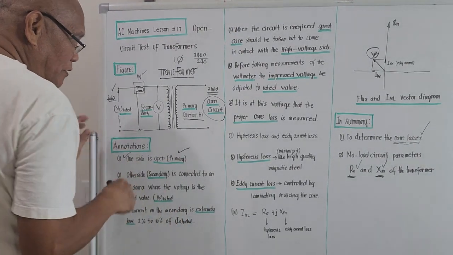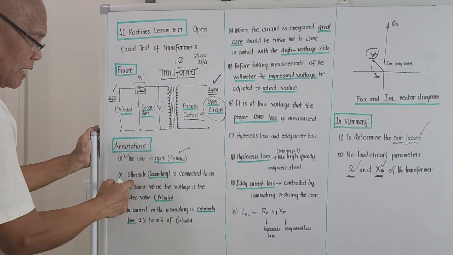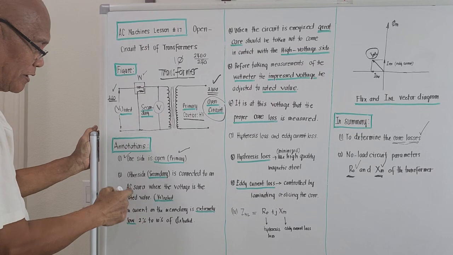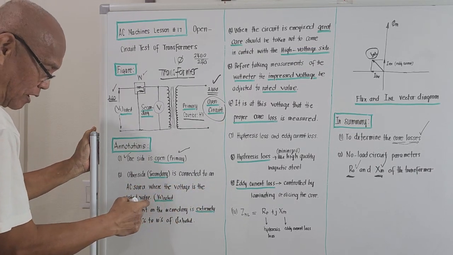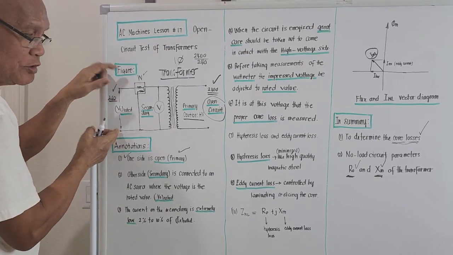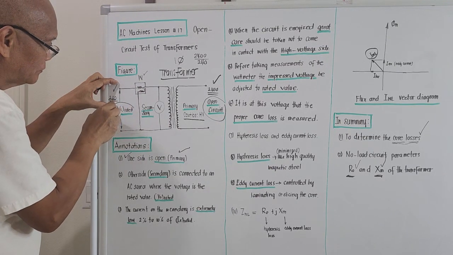One side is open, usually the primary. Okay. The other side, which is the secondary, is connected to an AC source where the voltage is the rated value. Meaning, on this secondary side, you inject a voltage equivalent to the rated value.